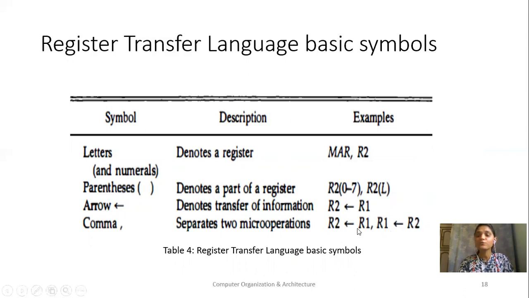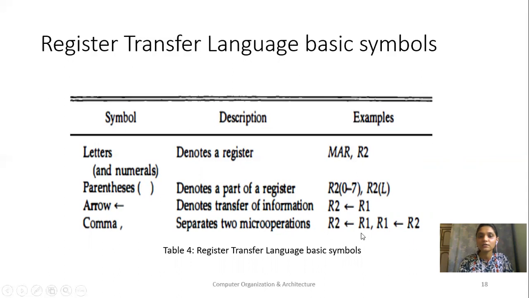If you want to combine two micro operations at a time, you can use a comma. Then R1's content will be transferred into R2, and at the same time R2's content will be transferred to R1.